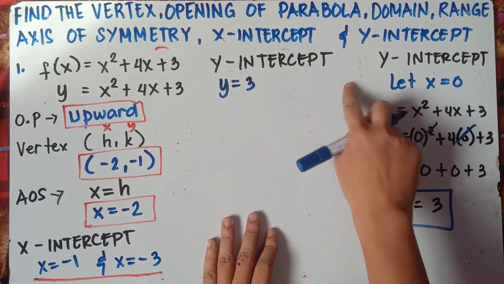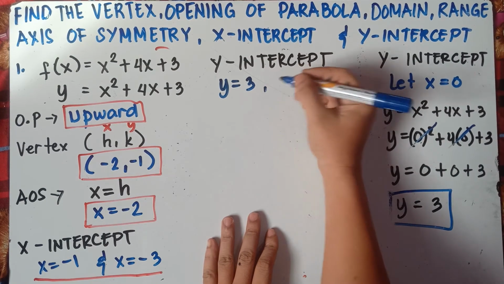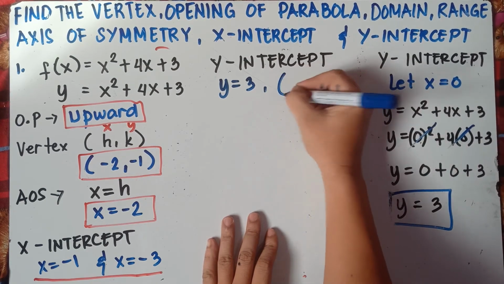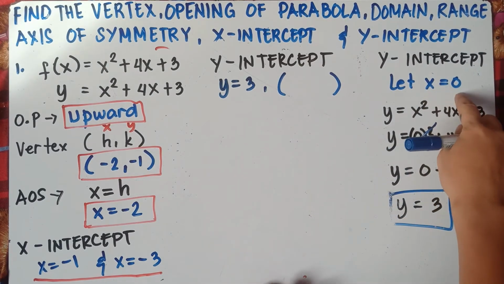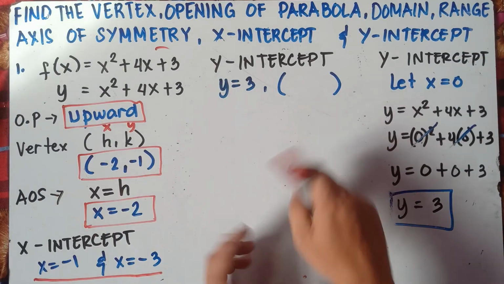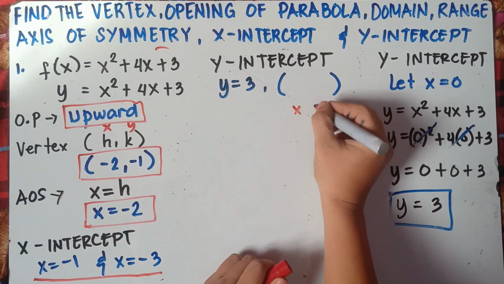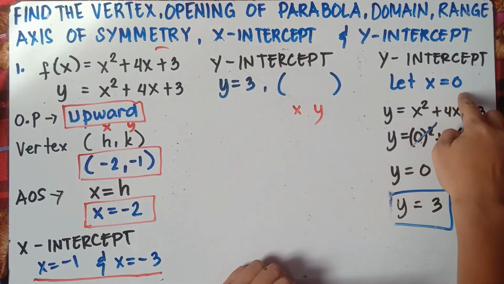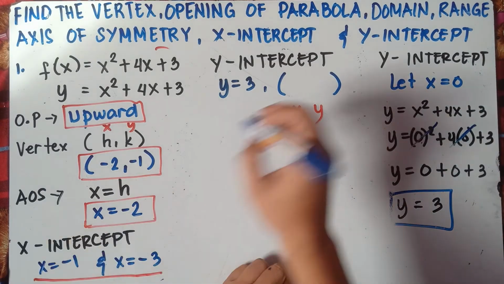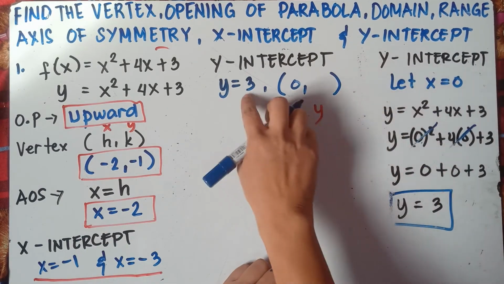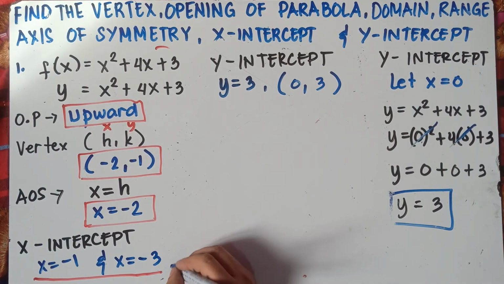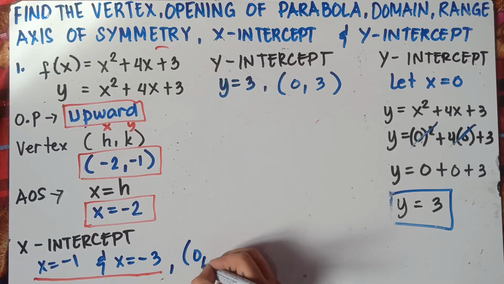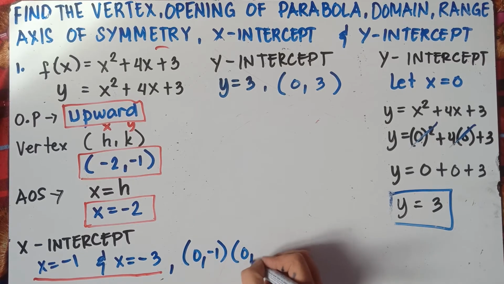Now to write that as an ordered pair, once again, if the teacher advises you to write your y-intercept as an ordered pair, you let x equal to 0. Once again, class, the ordered pair means x and y. So our x is 0 because we let x equal to 0, and our y is positive 3. So that's the answer, class, for the y-intercept. A while ago, for the x-intercept, this is negative 1, 0, and negative 3, 0.